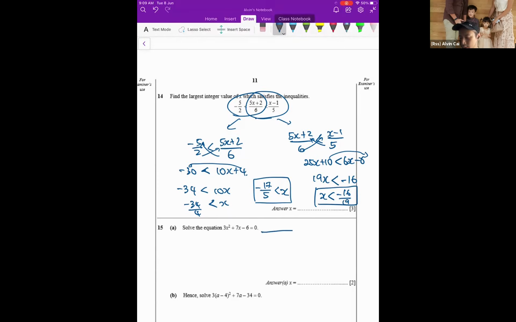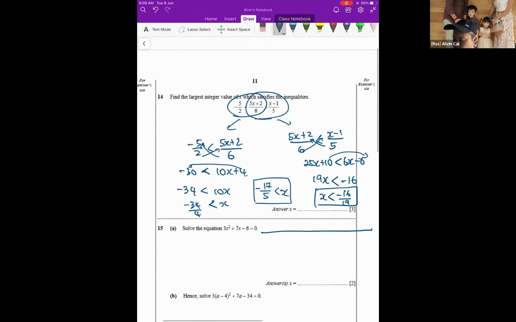When we draw the number line, we can see that the largest integer is minus 1. Let's take a look. If you press your calculator, this is minus 3.4, 3.04, and this is actually less than 1.